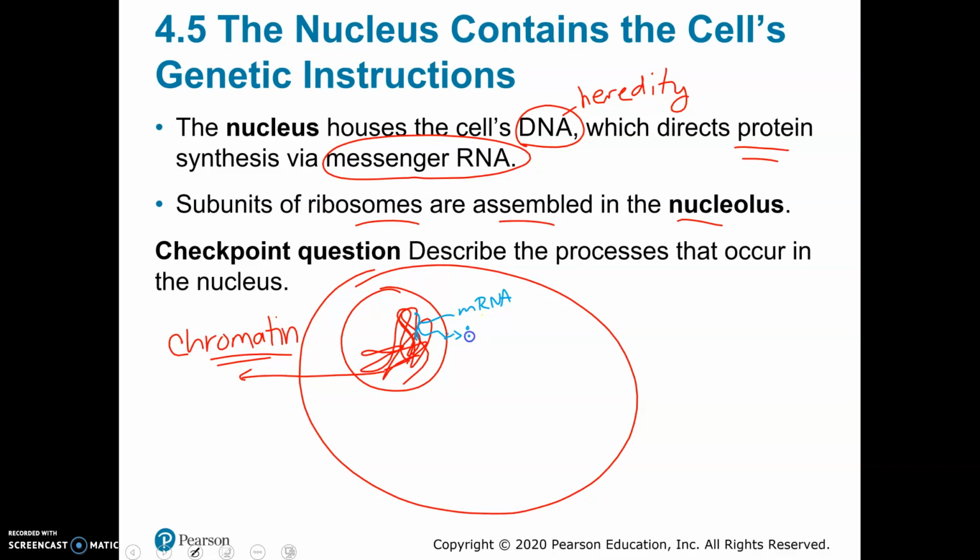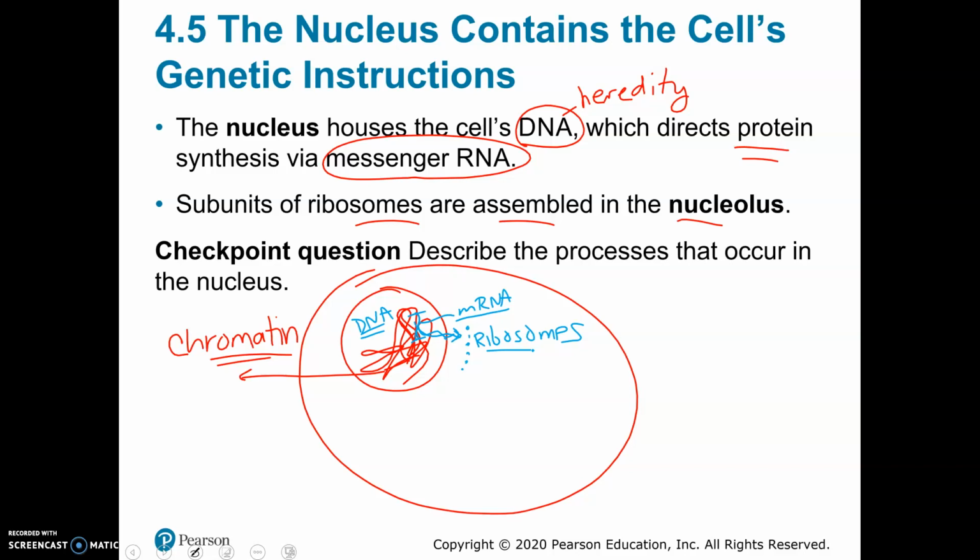And then the mRNA can go to the ribosomes, which look a lot like little dots, and the ribosomes will build the protein. So we have DNA, that's our instructions inside the nucleus, and our mRNA, which can read little sets of those instructions, read your genes, so to speak, and then take those instructions out of the nucleus to the ribosomes, and then the ribosomes will actually build protein, which we're going to talk about a little bit.